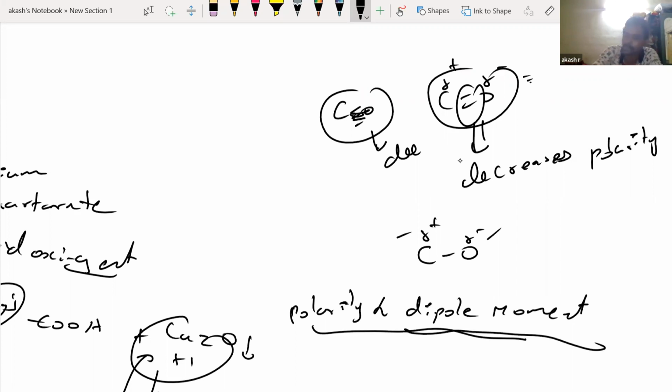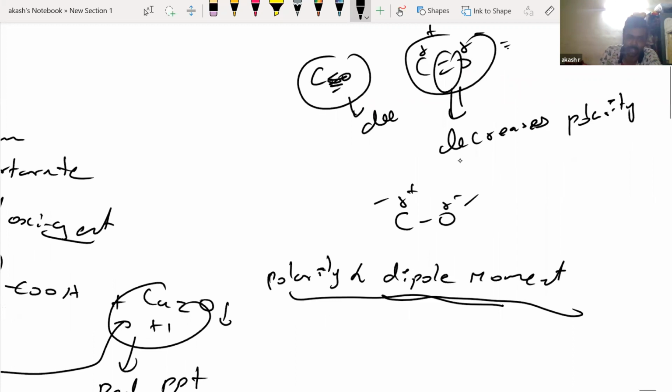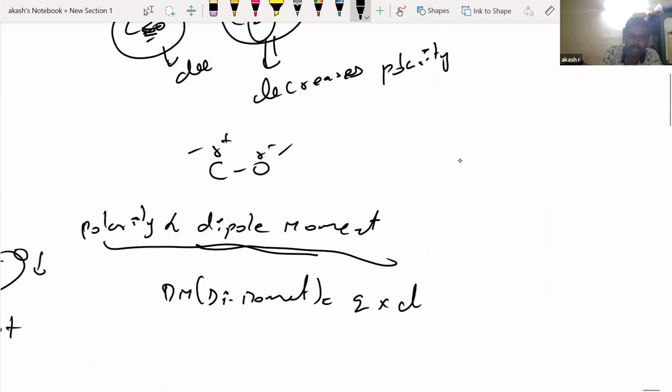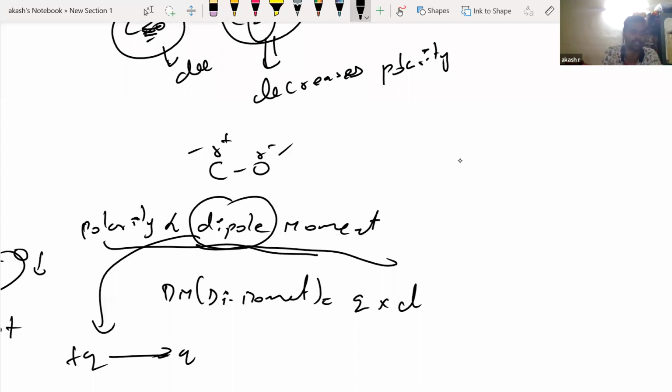Now dipole moment is a physical quantity, right? Dipole moment is equal to charge into distance. First, what do you mean by a dipole? That I already told you. Some plus q and minus q separated by some distance, right? This particular arrangement is what is called a dipole.